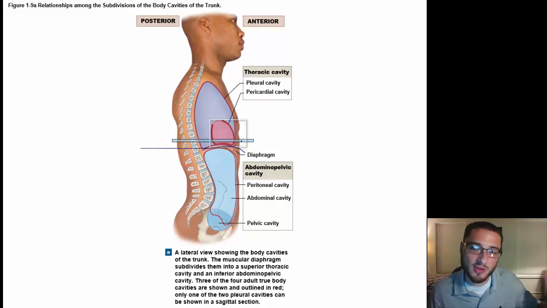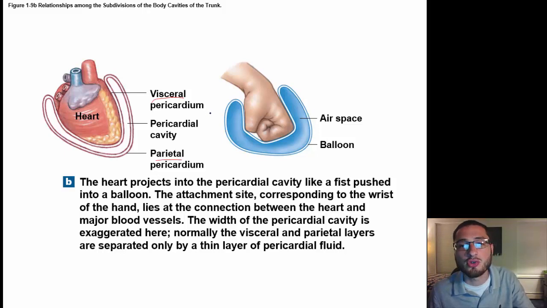You have your peritoneal cavity, abdominal cavity, your pelvic cavity, and then in your thoracic cavity you have your pleural or your lung cavity, and your pericardial or your heart cavity. This just shows you a representation of how these cavities are going to help support and protect whatever the organ is.